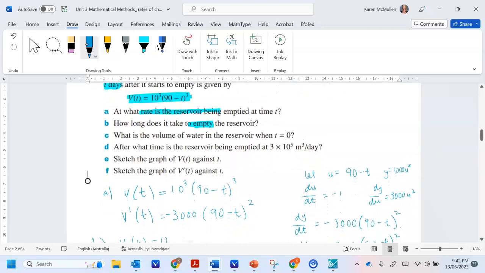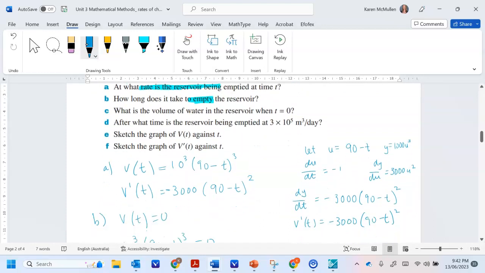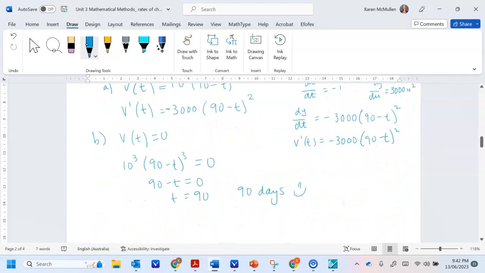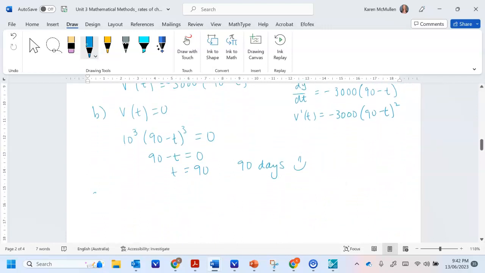Question C. What is the volume of water when the reservoir is at t equals 0? So B and C don't relate to the rate. You've done these questions before when you've done cubics.